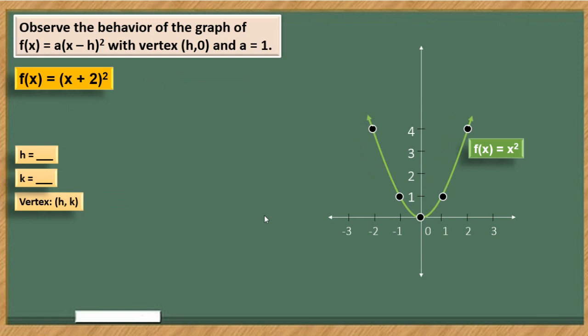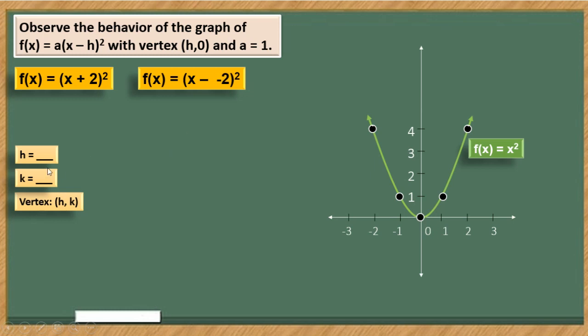So here is our fourth example. The quadratic function is defined as the square of the sum of x and 2. So what is now our h and k? Again, this formula can be written as the square of the difference of x and negative 2.